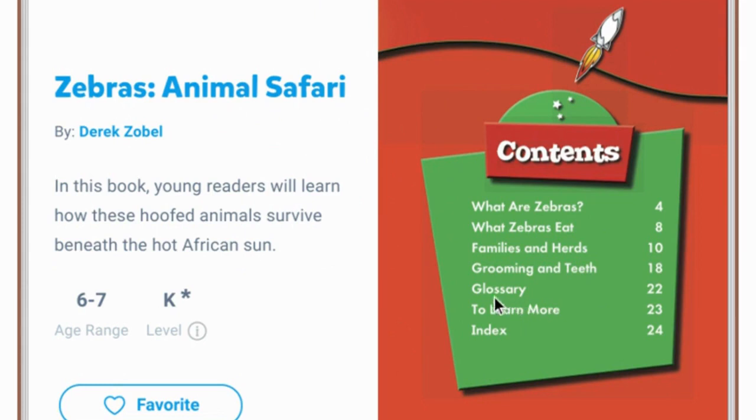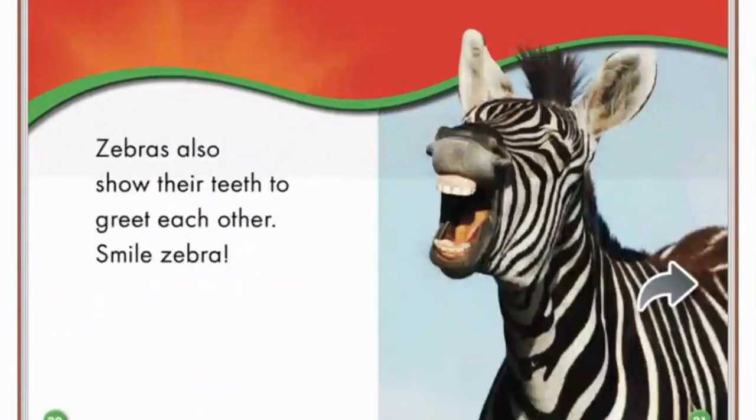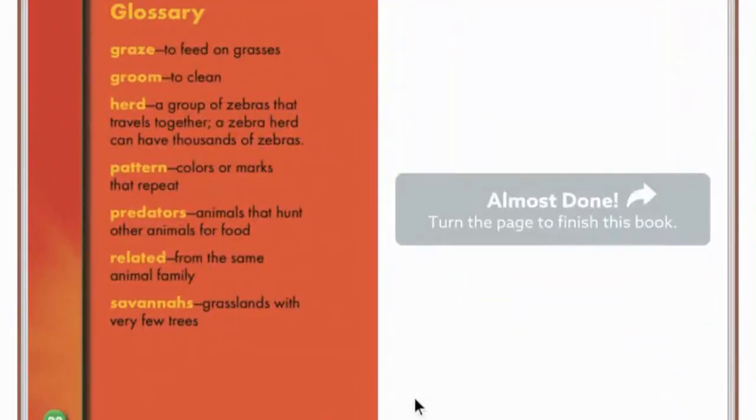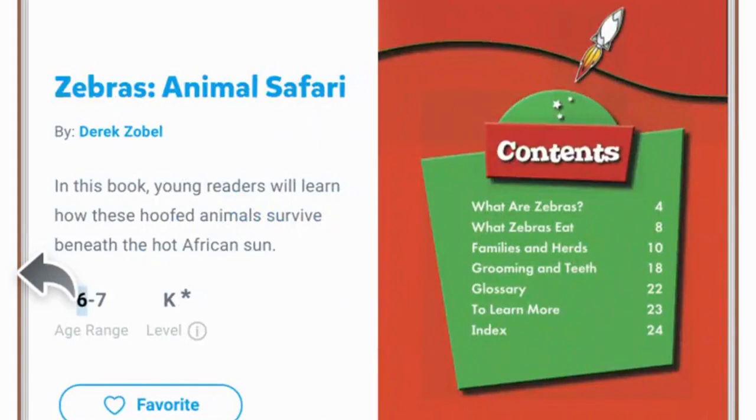It also shows us there is a glossary on page 22. A glossary is a list of scientific terms or tricky words found in the book with their definitions. It's like a mini dictionary. We are going to learn more about glossaries another time. So let's go back to the table of contents.